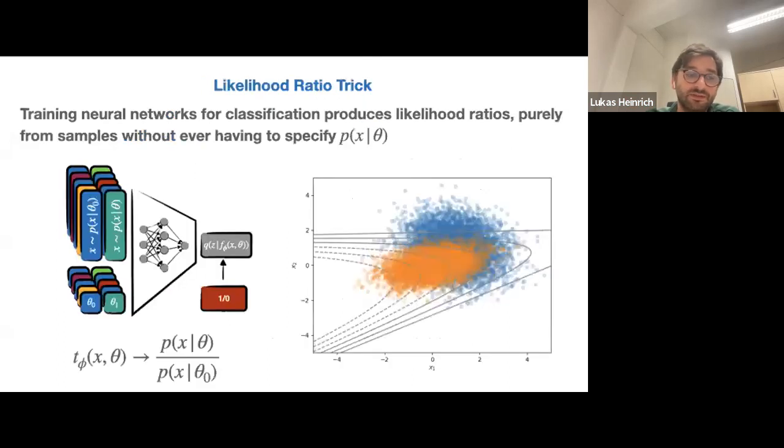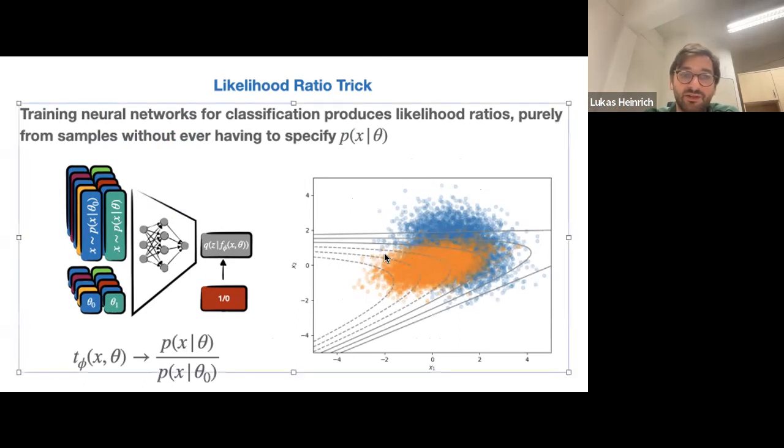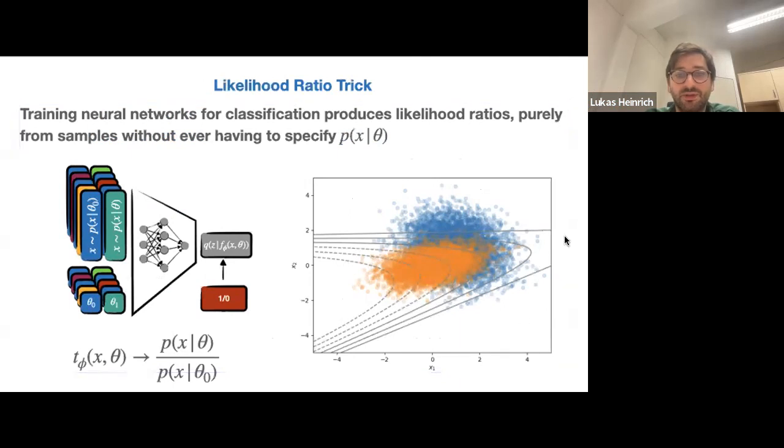And so this is what is sometimes called the likelihood ratio trick. This is just an example of finding basically the Neyman-Pearson lemma through machine learning. Okay, let me see if this should be animating.